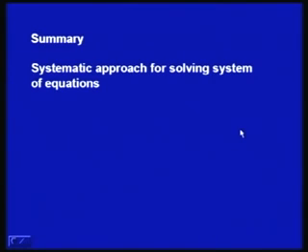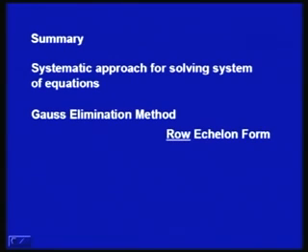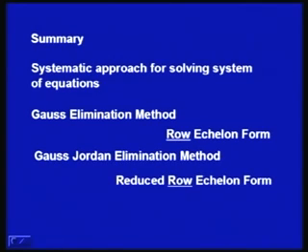So today, viewers, we have seen how to solve a system of equations. We have obtained a systematic approach for solving systems of equations. We have obtained two methods. One is the Gauss elimination method, in which we transform our augmented matrix into a row echelon form, and the other method is the Gauss-Jordan elimination method, in which we reduce the augmented matrix into reduced row echelon form.